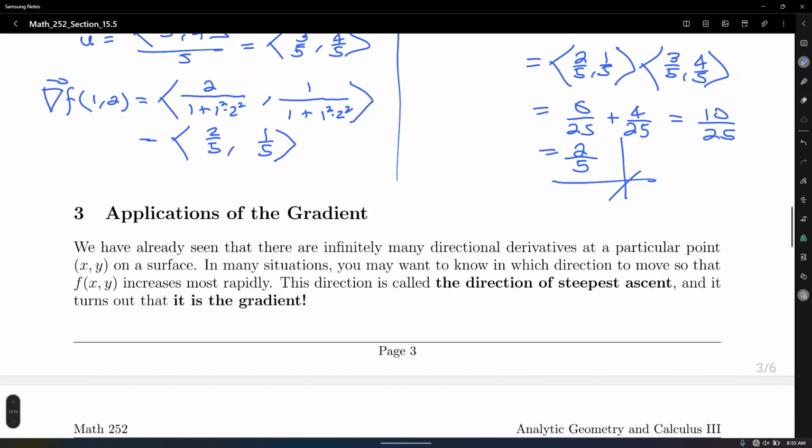For instance, if you are on a hill, at a point, you want to avoid those directions because number one, you don't want to climb, or number two, you don't want to fall. You don't want to slide, and you can potentially die of that, so you don't want that. Of course, when we go hiking, we don't know the mathematical function that models the hill.